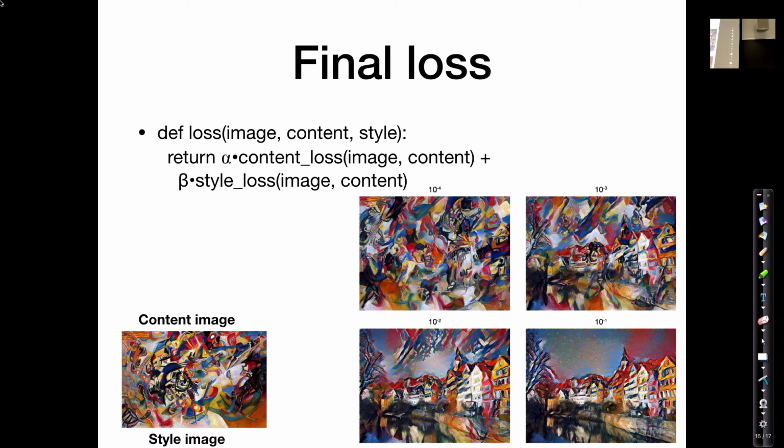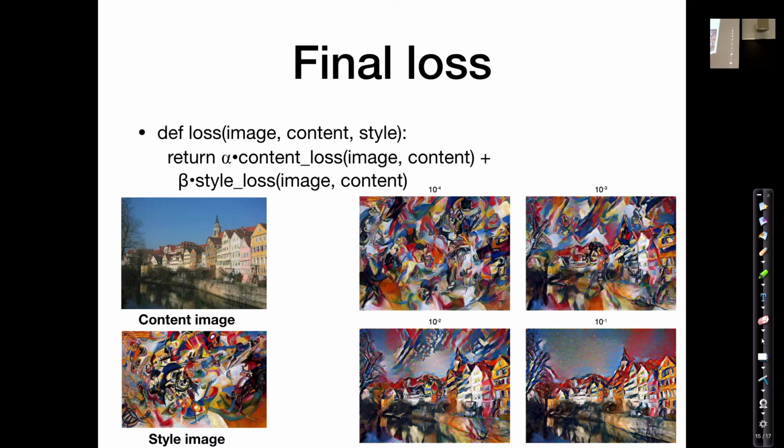And we can see here, there's the content image. So we have our content image here and our style image, and we look at different values of alpha and beta. So this is the ratio of alpha over beta.